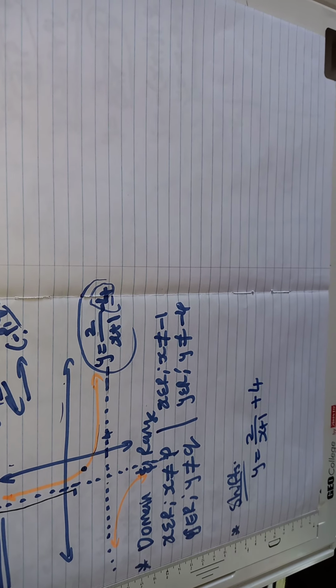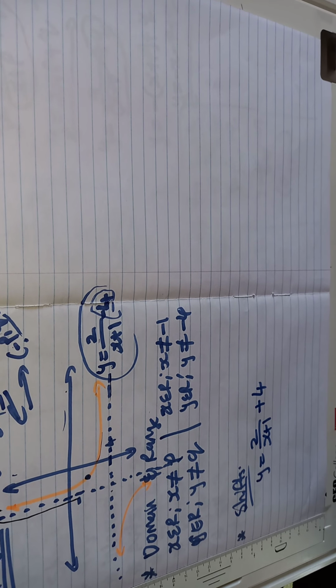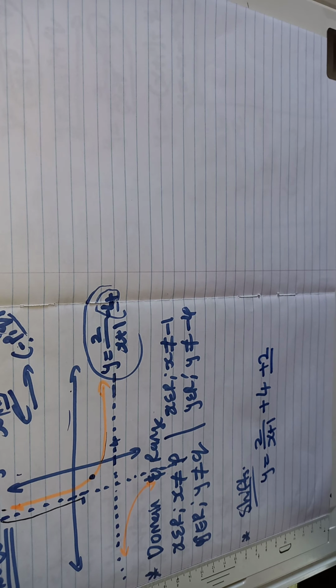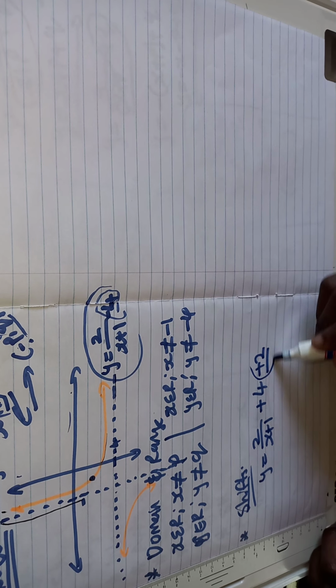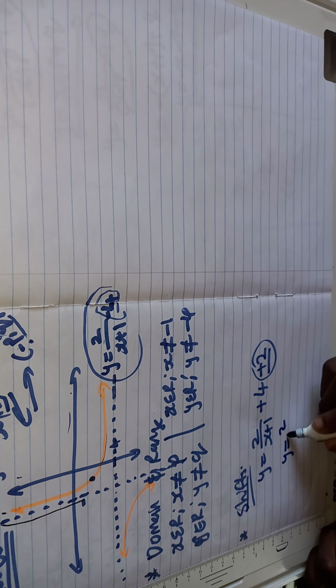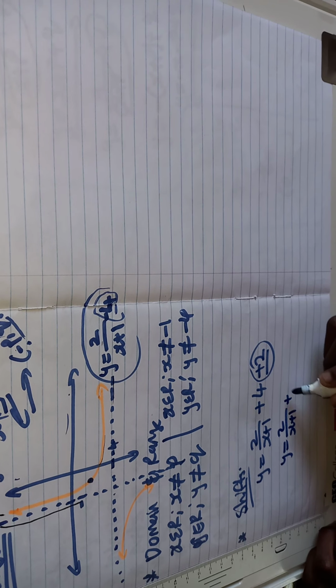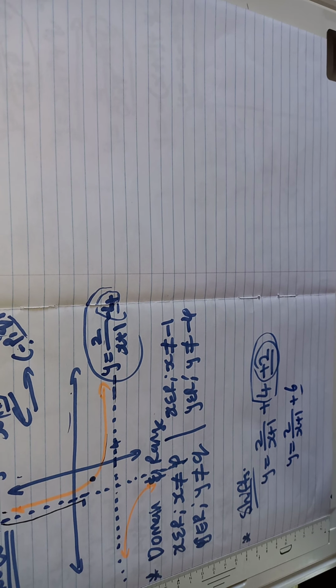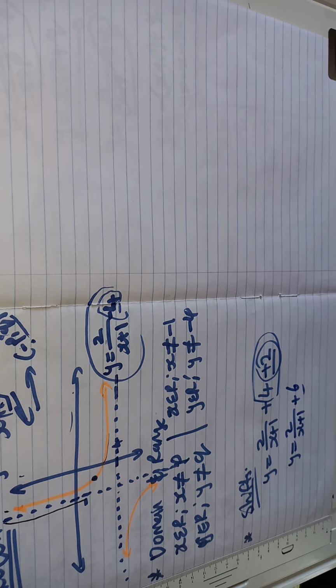Let's just use this equation. Say they add 2 units up, which means you must go there and add 2. So you're going to have plus 6. As you can see, there are some changes here, which means our graph is shifted up by 2.